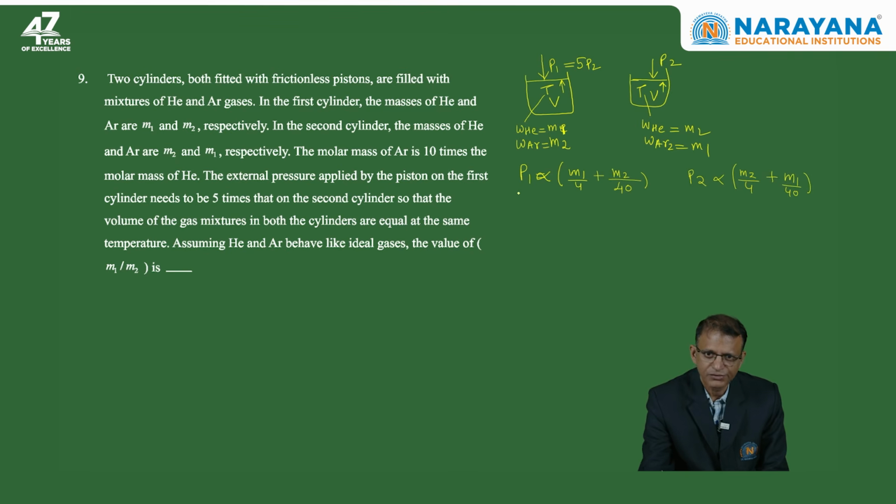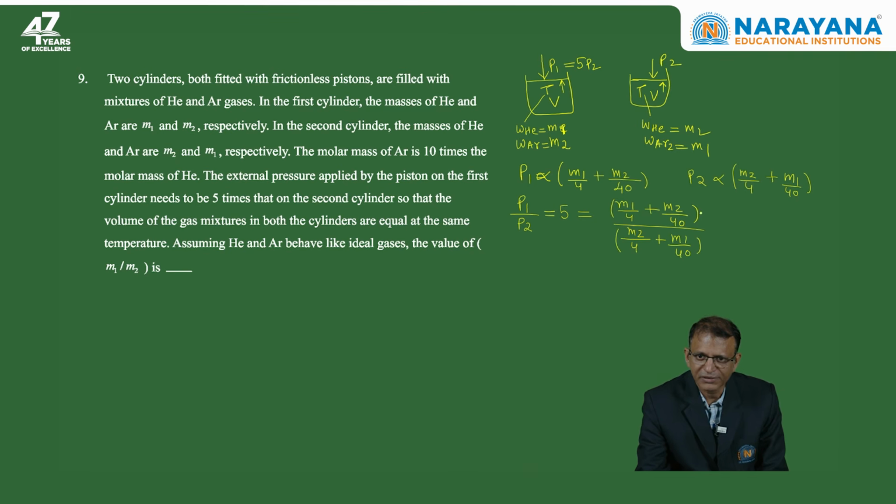So if I try to write the value of P1 upon P2, it is already given, that is equal to 5. So 5 is equal to m1 divided by 4 plus m2 divided by 40, upon m2 divided by 4 plus m1 divided by 40.